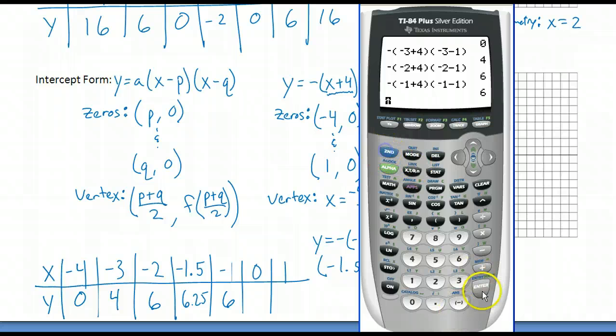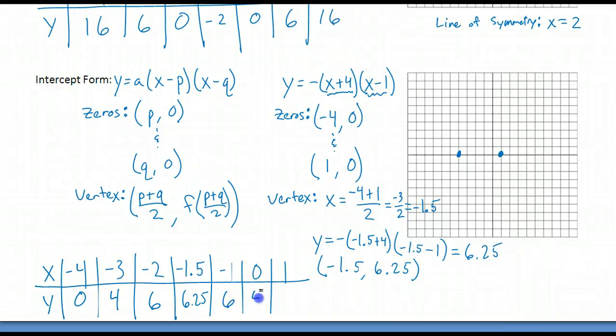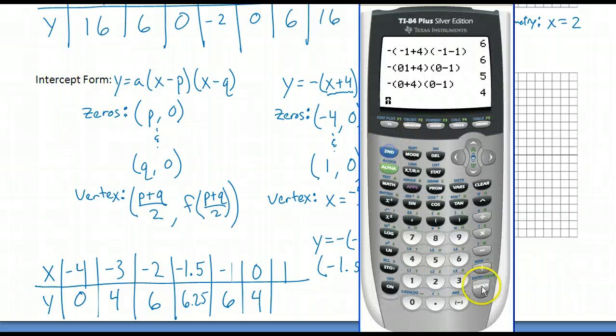Then to a 0. And finally, change the 0 to a 1.